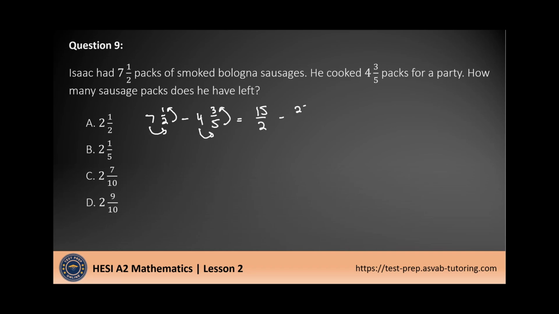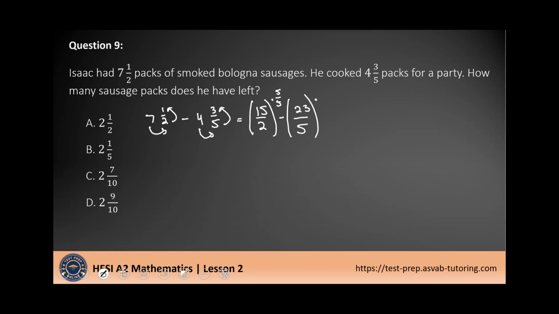So minus 23 fifths. Now we need to get these to a common denominator so we can subtract. Common denominator between 2 and 5 is going to be 10. So let's multiply this first fraction by 5 over 5.